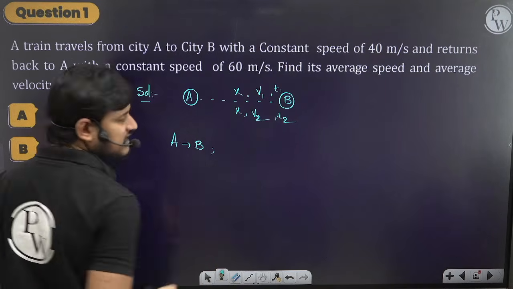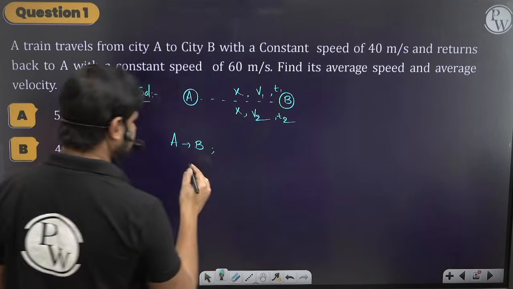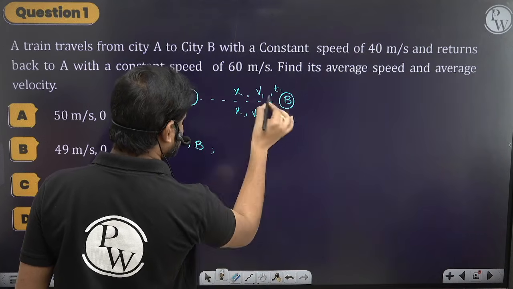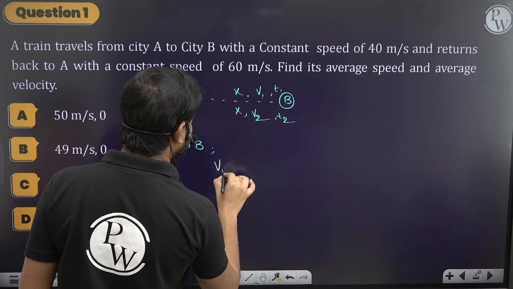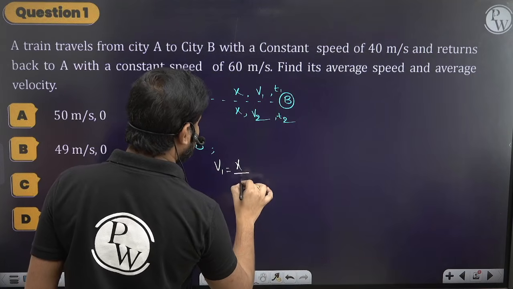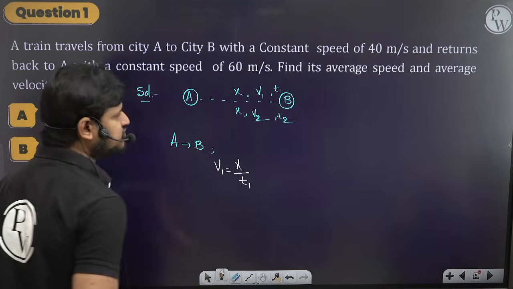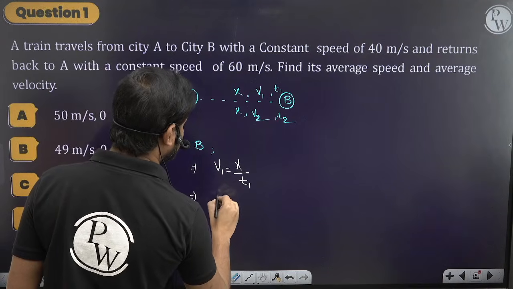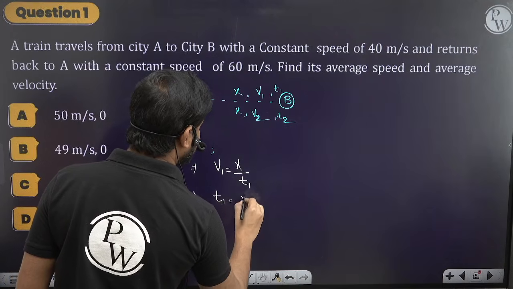From there, the speed v1 is equal to distance by time taken. Speed is equal to distance by time. So the time t1 is equal to x by v1.